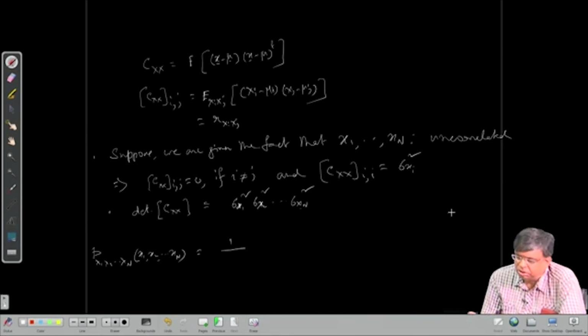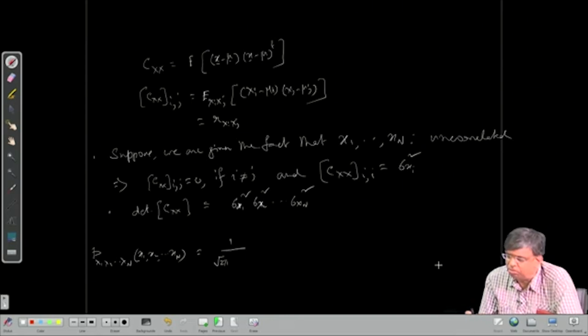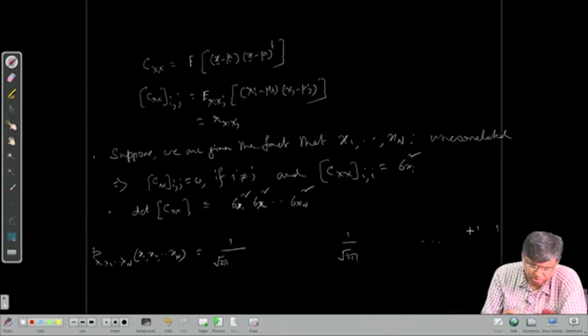So what I do, the whole probability density function I write as a product of similar terms. I had 2 pi to the power n by 2, so I should have 1 by root 2 pi, again 1 by root 2 pi, again 1 by root 2 pi, and so on, capital N times.